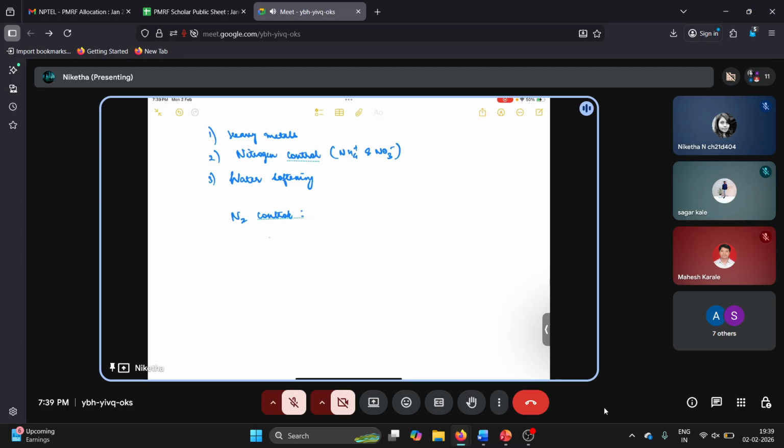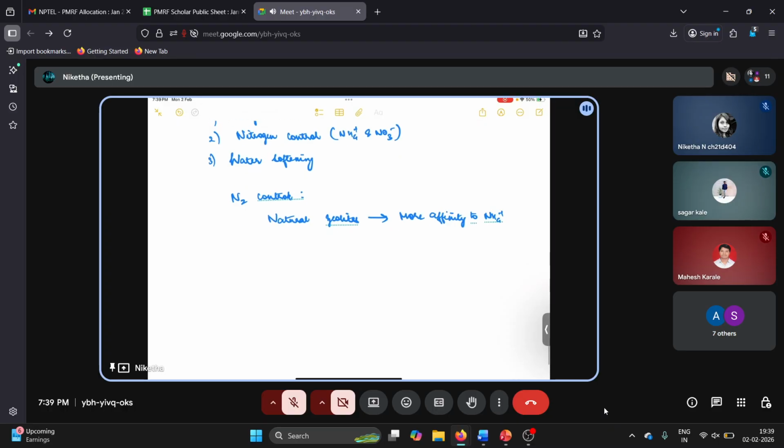we prefer natural zeolites because they have a higher affinity to ammonium ions. And it can be regenerated by adding lime.